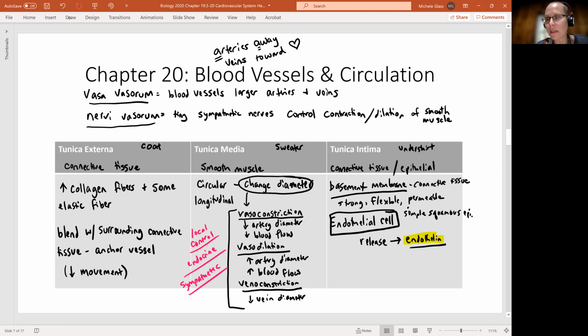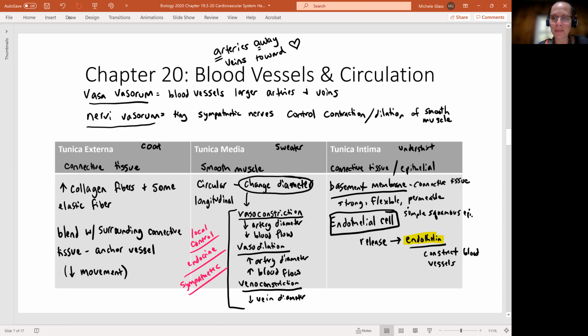And this will be an example of a local factor. It's going to constrict blood vessels. So we saw that already in that vascular spasm, that vascular phase, and we saw it continuing.